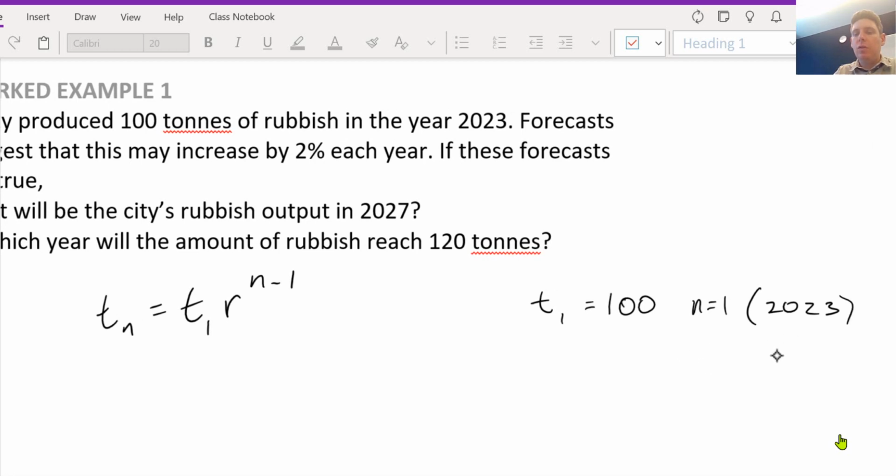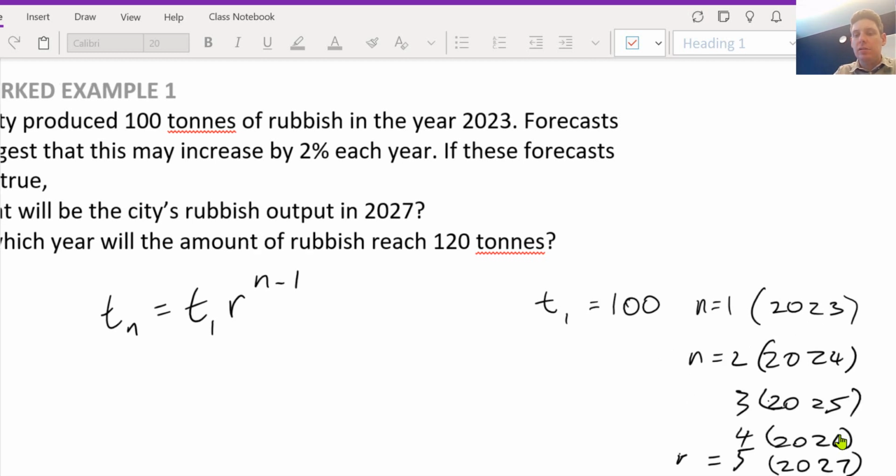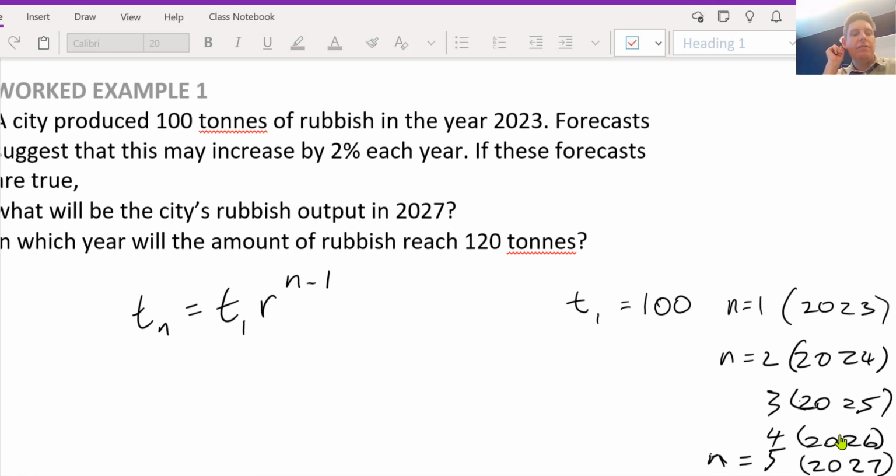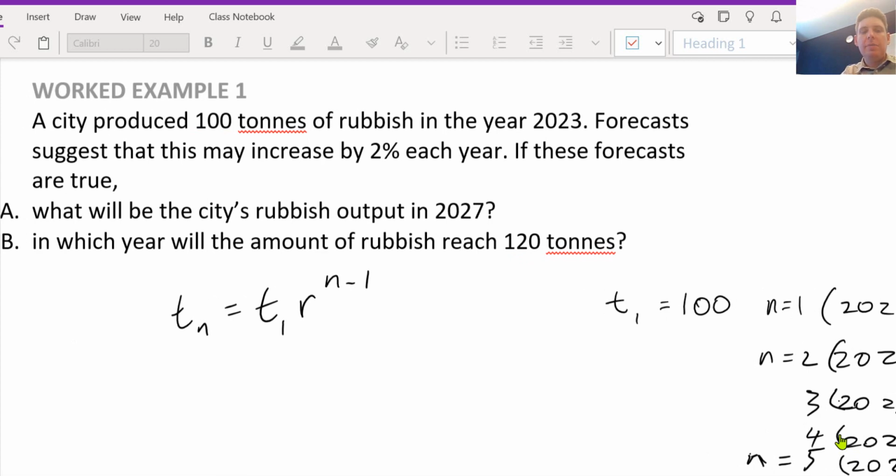So 2024 is N2. So if 2023 is N1, 2027 is N5. T is the amount of rubbish that's going to be outputting in that year, and it's the 5th year. We've got 100 for T1.